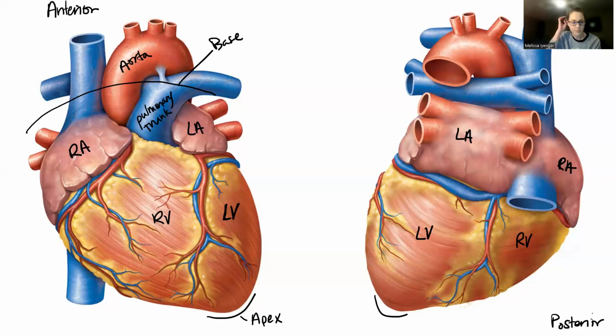That's the pulmonary trunk, that's the aorta. Coming off the right atrium at the top is a vein called the superior vena cava.